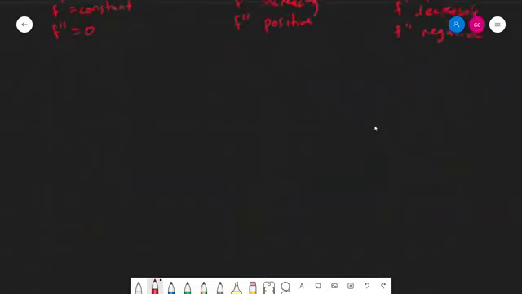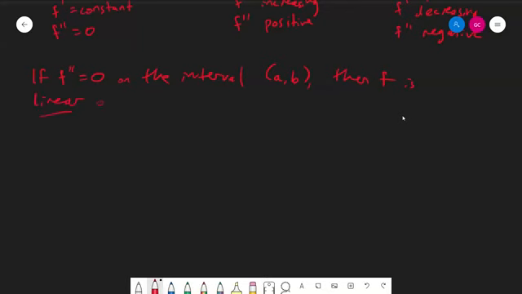Okay, so let's make that a little bit more concrete. So what we have is that if f double prime is 0 on an interval, say on the interval from A to B, well then f is linear on that interval.